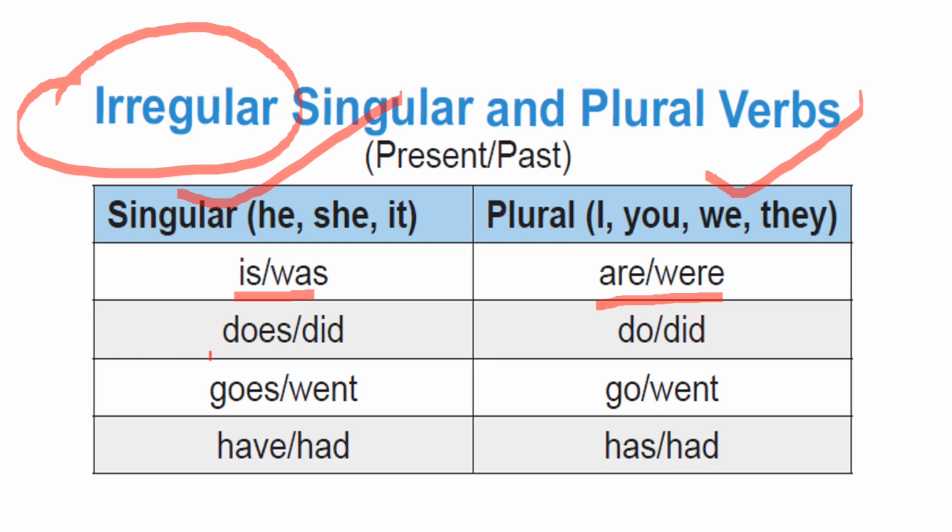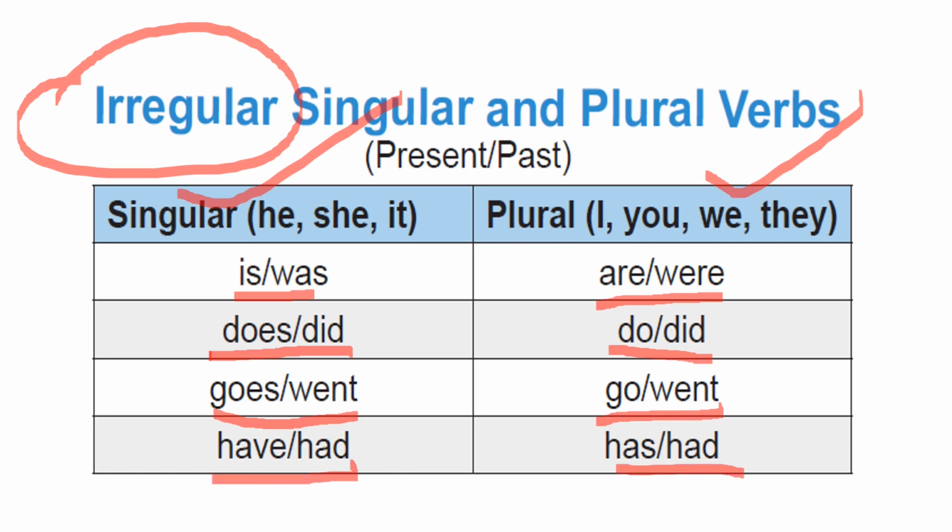Again is the case with does, did. This is the singular form, and do, did is plural form. Goes, went. This is singular form, plural form is go, went. Again, same with has, had and have, had.